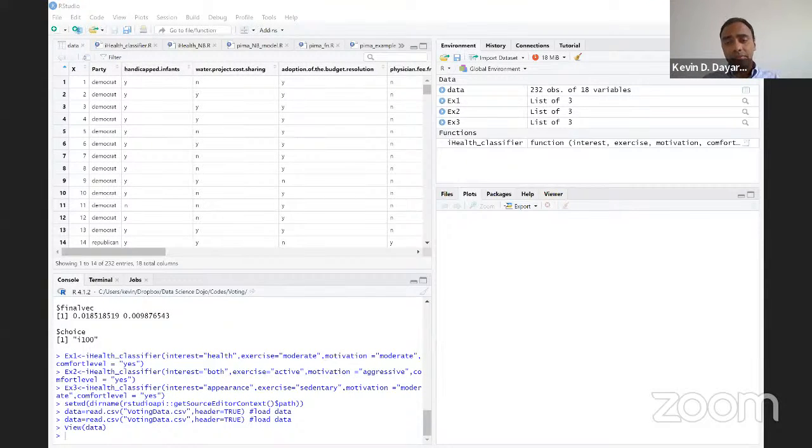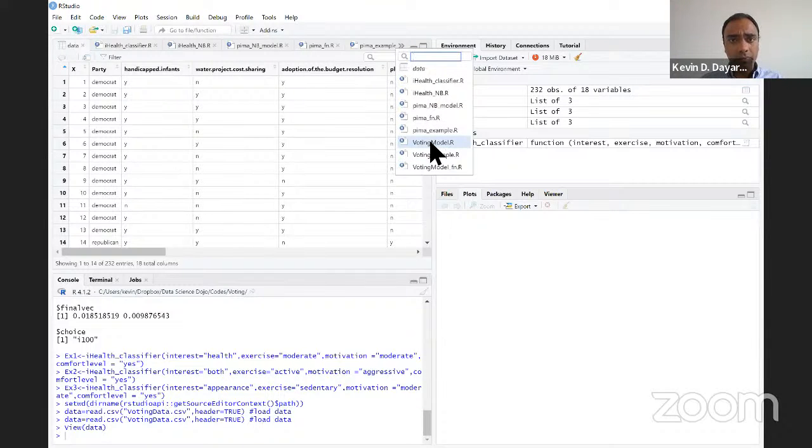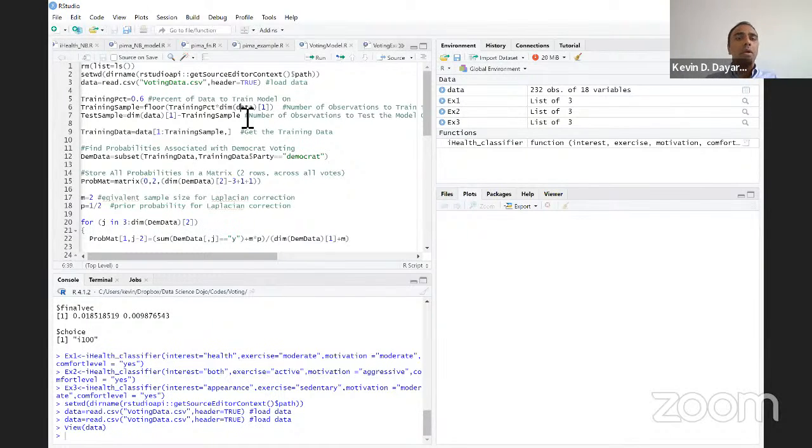So let's do this. In my R code, we have denoted 60% of the data to be the training sample, and we're going to compare the accuracy for the remaining data.